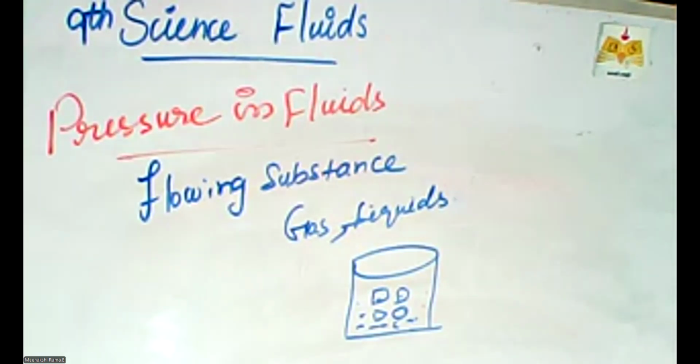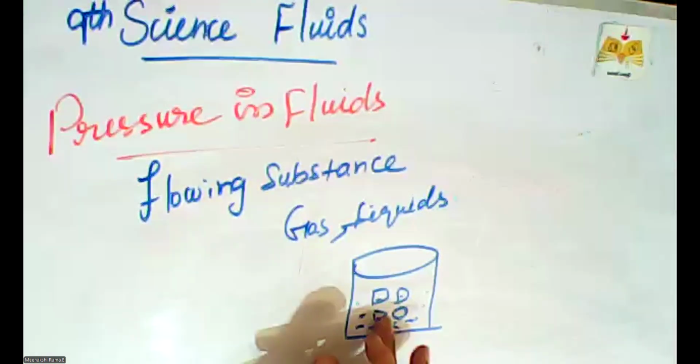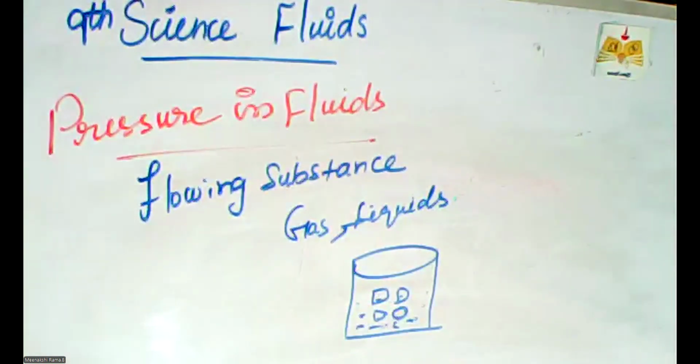So, the pressure in fluids. Just as we put a solid material or a liquid into the fluid, automatically, due to the pressure, the liquid increases in height. First, the concept: flowing substances are called fluids, like liquids and gases.